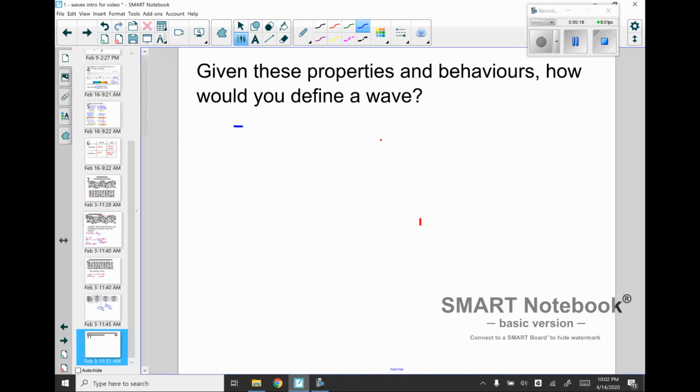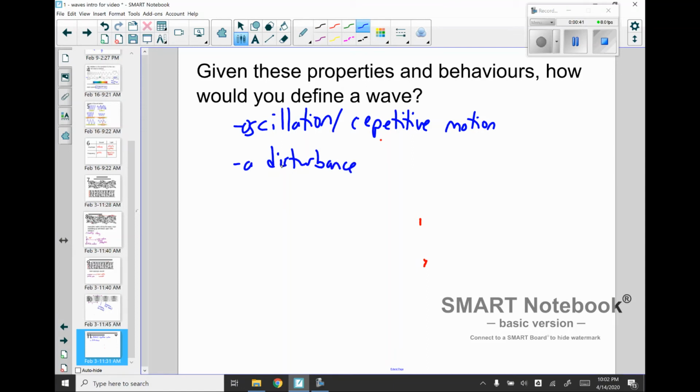So what they have in common is this oscillation, or oscillatory, repetitive motion on the part of the individual particles, creating overall a disturbance that transfers energy from one place to another.